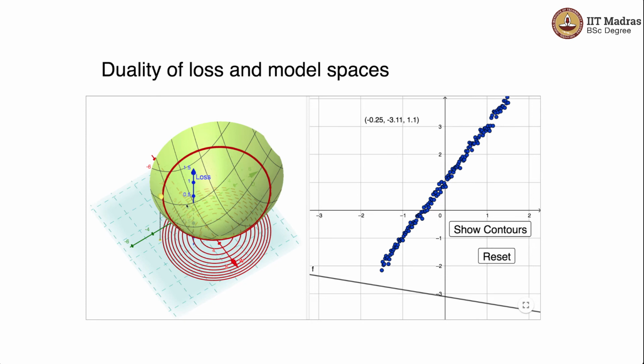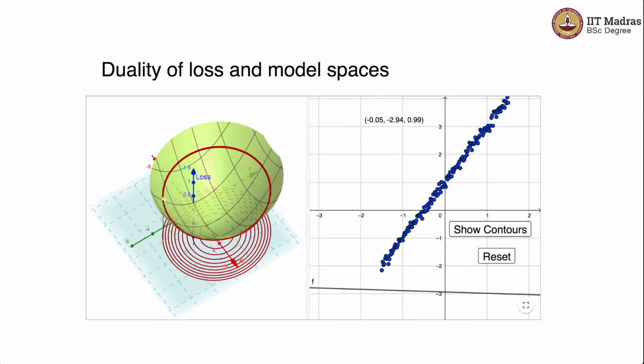This yellow ball is the current instance of the model. It is currently situated at W0 equal to minus 0.25, W1 equal to minus 3.11, and it has a loss of 1.1.